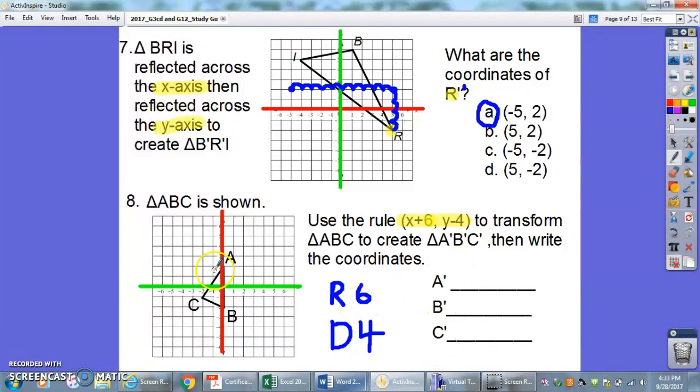Starting at A, I go right 6 and down 4: (6, -2). B prime, right 6 and down 4: (6, -6). And last but not least, C, right 6 and down 4, which would be (4, -5).